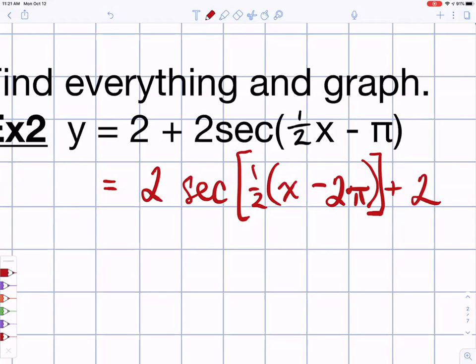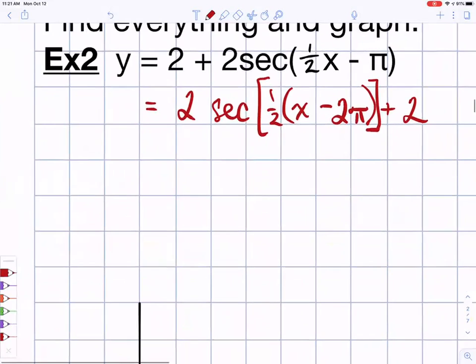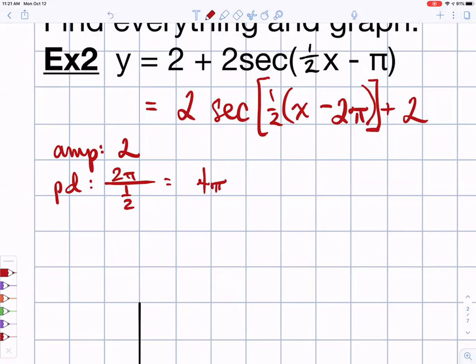All right, so now that we have a good standard equation, what's my amplitude? 2, okay, how about my period? Tell me how to find my period. 2 pi over 1/2, and what's that gonna equal? 4 pi. Okay, so don't forget you're multiplying by the reciprocal. All right, how about the phase shift?